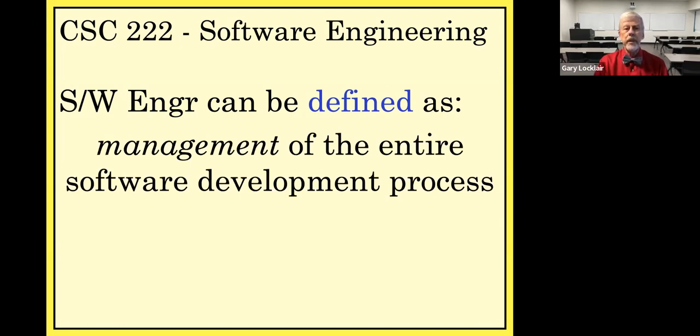Software engineering can be defined as the management of the entire software development process. What's management mean? What's development mean? What's a process? Those are some questions that you can answer in order to flesh this out just a little bit.